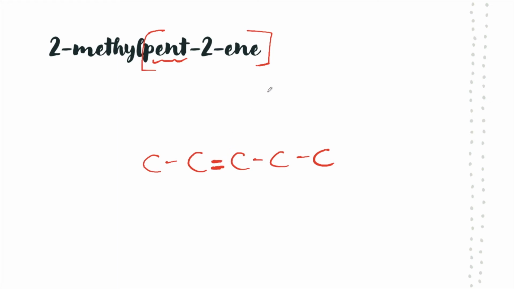And now I'm going to put in our group. Our group is a methyl group, which means it contains 1 carbon, and it is on carbon 2. So I will draw it in here. Here is our methyl group. And the last thing that I have to do is add in my hydrogen atoms, remembering that each carbon has 4 bonds coming from it.